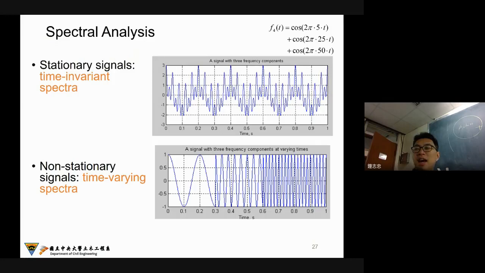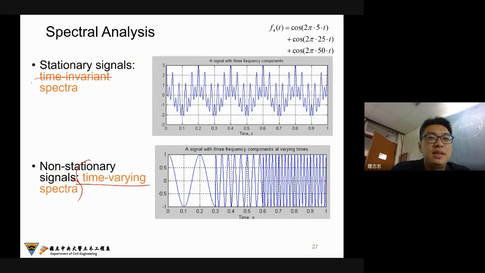But right now, I would like to say we're trying to get into the real world. For the previous example, you can find this is a sinusoidal signal. But however, in the real world, this is time varying.